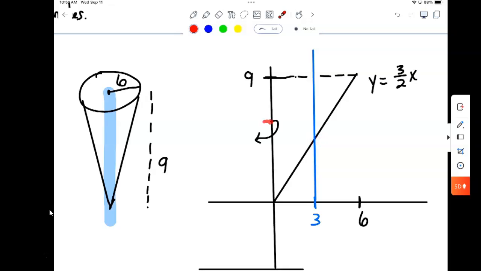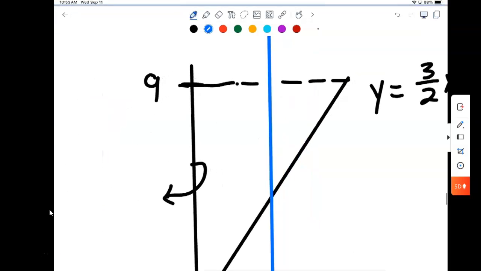Now we want to find the volume. We could do this with washers, but we can also do it with shells, which is actually the way I want to do it because that's what this section's about. For shells, we would measure our rectangle parallel to the axis, so we would be measuring the height like this.